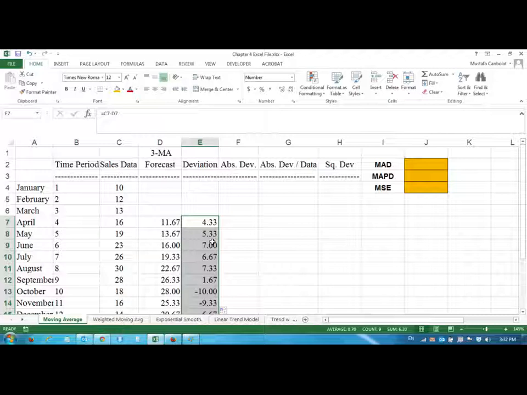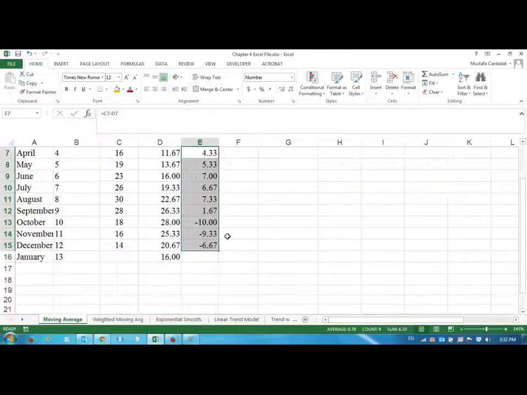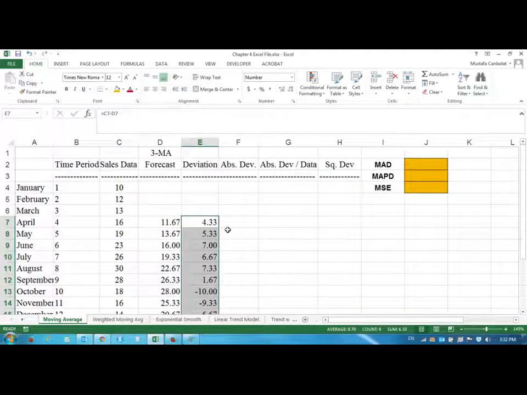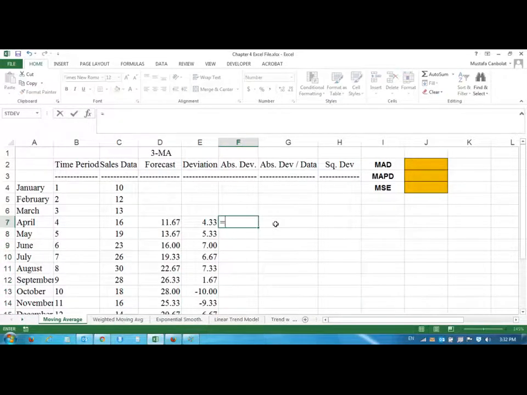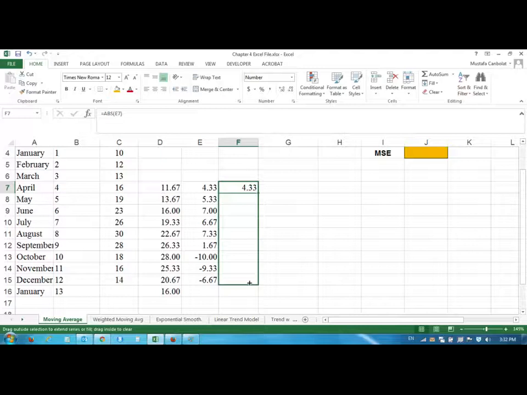Okay? So that has something to do with the method that we are using, and I ask you a question in the forum. Now, we just wanted to take the average error in here. So we are going to take the absolute value of the error. We don't care if it is overestimation or underestimation. We are going to just drag this down.